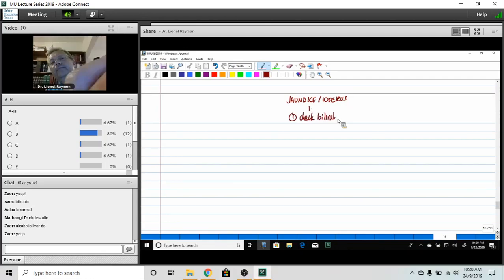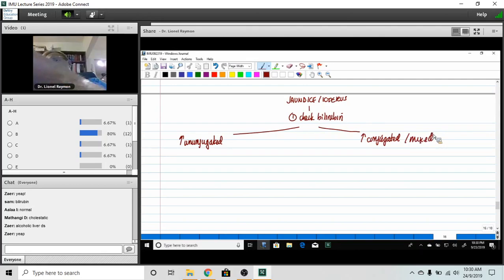And when you check bilirubin, it's either going to be primarily unconjugated, which really honestly has few etiologies, or it's going to be primarily conjugated or mixed hyperbilirubinemia. So indirect versus direct bilirubinemia. If it's primarily unconjugated, what are your main stories that you're going to worry about?